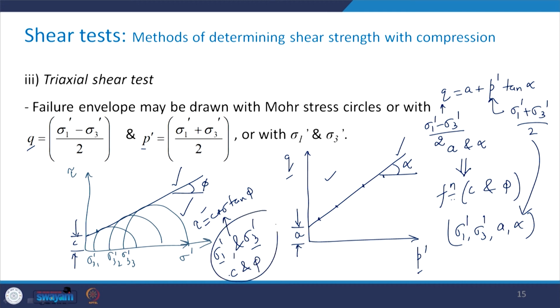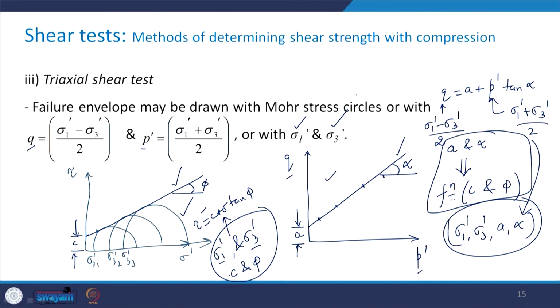If you compare these two expressions, you will be able to establish the relationship between A, alpha and C, phi. So this is how the shear strength characteristics can be found out using the data obtained from the triaxial shear test. Similarly, when you plot between sigma 1 prime and sigma 3 prime, you can do a similar exercise and find out the shear strength parameters.